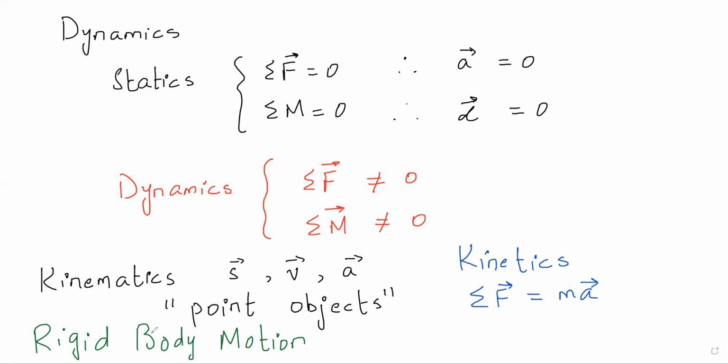And in rigid body motion, again, kinetics. In rigid body motion, we will talk about simple translation. Like this is a simple object, it's just translating. An object that is just rotating, so it's a tire. But if I have a tire, let's say I push it, now it's rotating, but it's also translating.